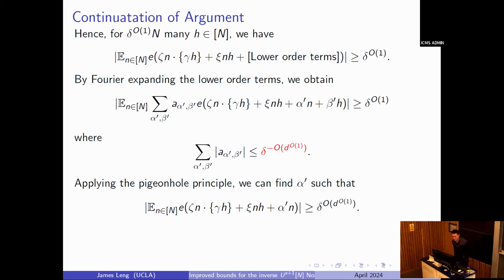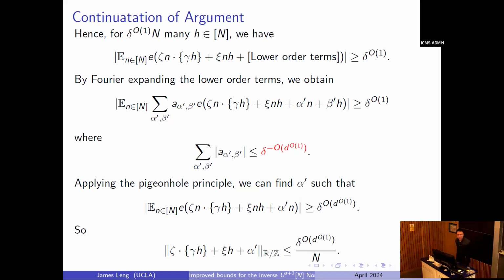We get a bunch of Fourier coefficients, and crucially, the L1 norm of these Fourier coefficients is going to be bounded by something single exponential in dimension. If I apply the pigeonhole principle, you could find some alpha prime such that this exponential sum holds. And now you could compute this exponential sum directly by using the geometric series. So what you get is that zeta dot bracket gamma h plus alpha prime is really close to an integer.